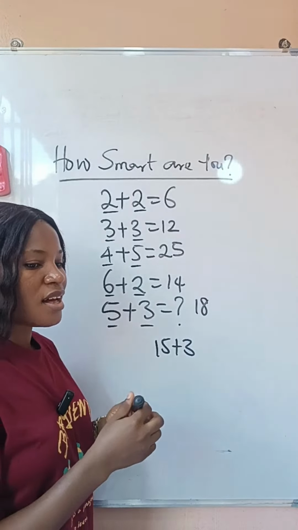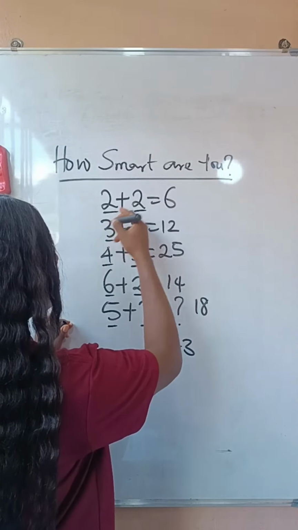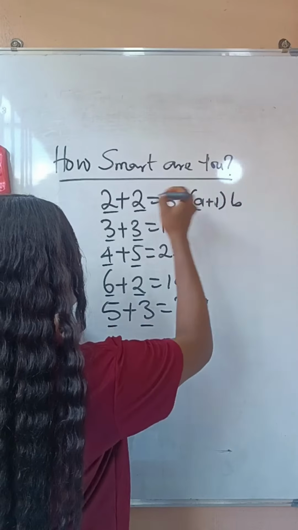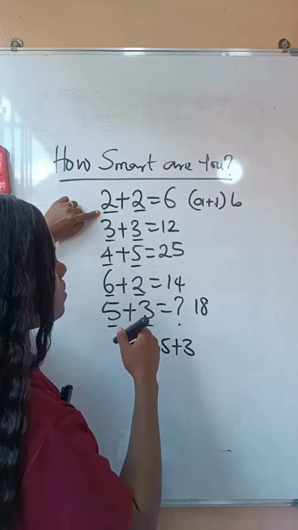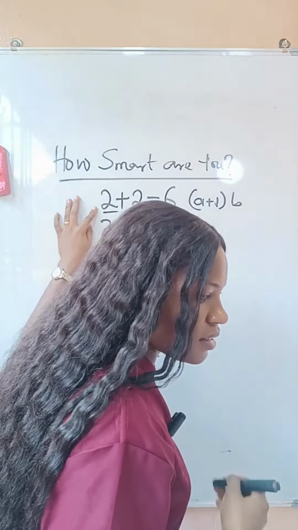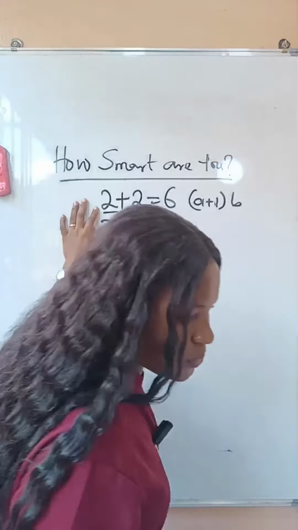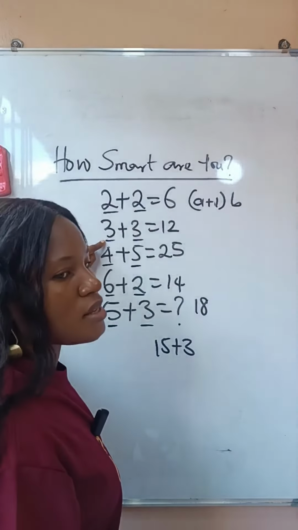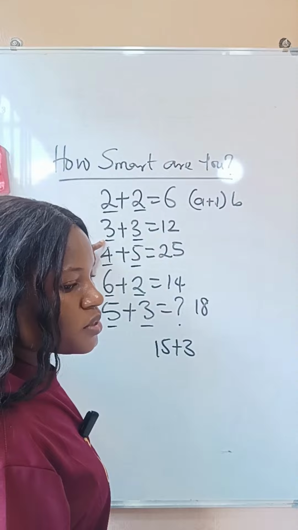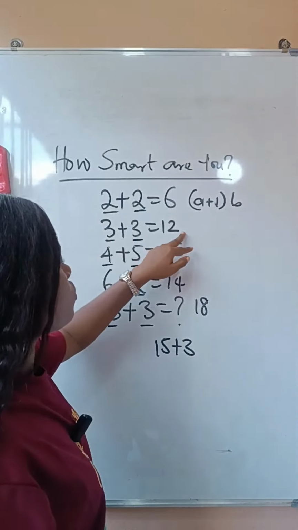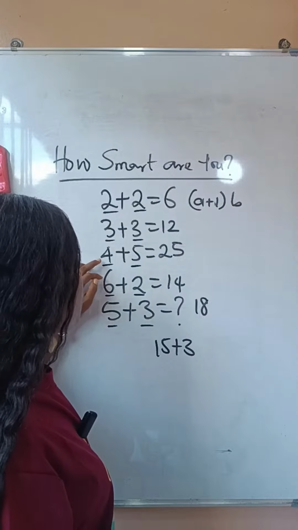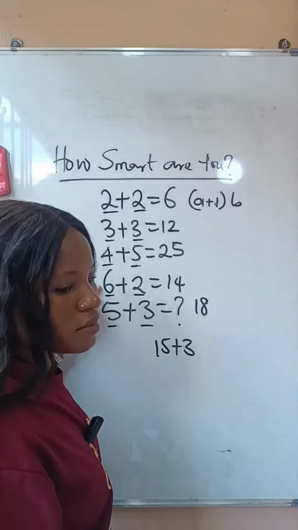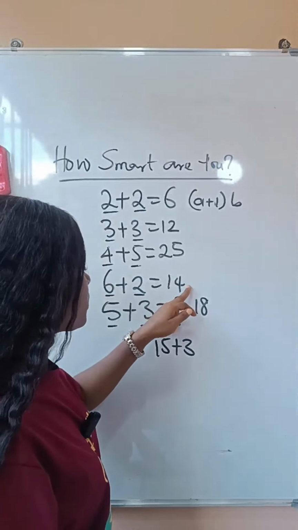All right. Now this is another way. You can say that this is the same thing as A plus 1 multiplied by B. So in this case, we have 2 plus 1 is 3, and 3 times 2 is 6. 3 plus 1 is 4, and 4 times 3 is 12. 4 plus 1 is 5, and 5 times 5 is 25. 6 plus 1 is 7, and 7 times 2 is 14.